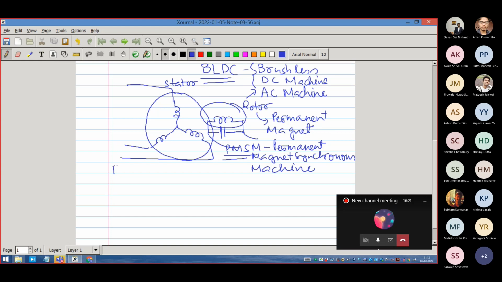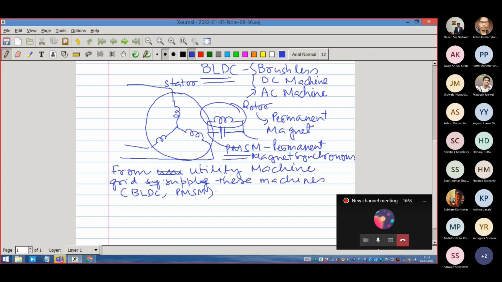So from the utility grid supply, these machines, meaning BLDC and PMSM, cannot be run. So this is the issue of this.